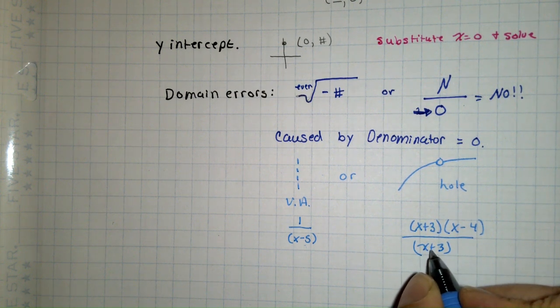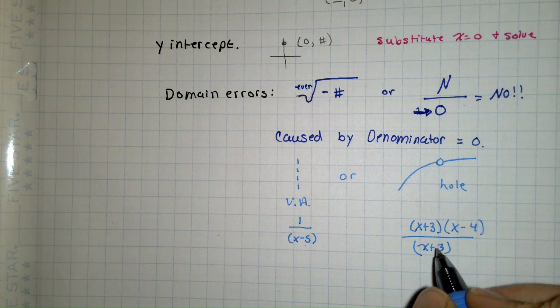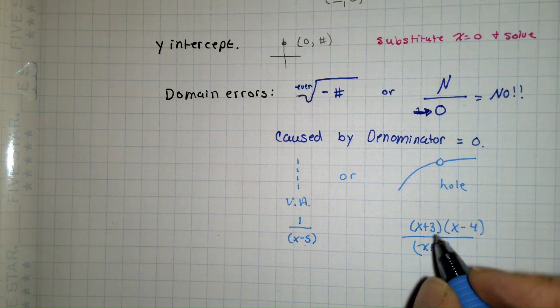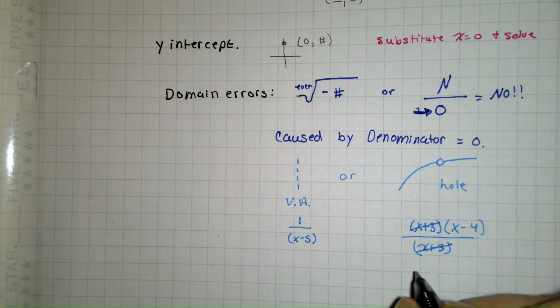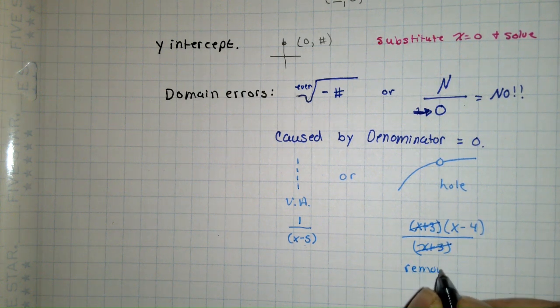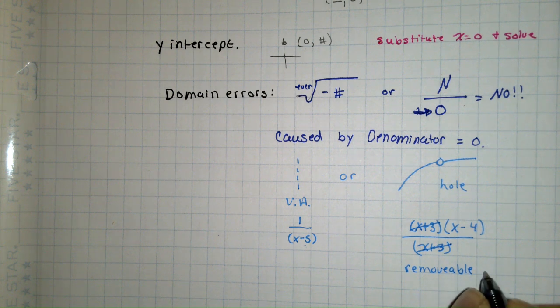And that's because the negative 3 is a domain error on the denominator and also happens to be in the numerator. Because these cancel out, it's no longer an asymptote, it becomes a hole. It's what's called a removable discontinuity.